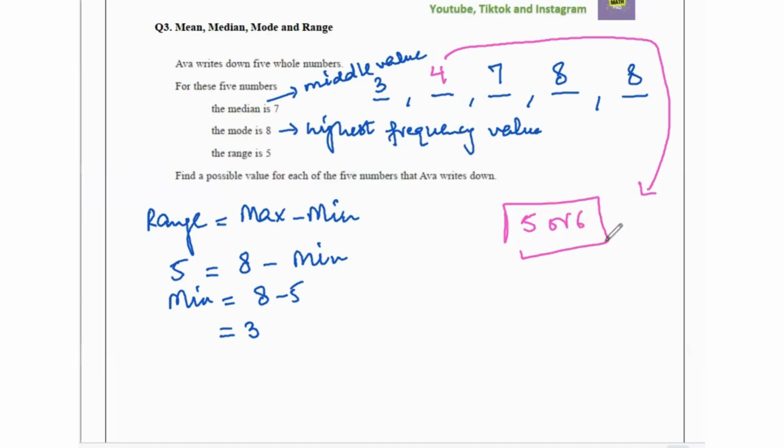Any of these 3 numbers would work over here because it says find a possible value for each of the 5 numbers that Ava writes down. So someone might have written 5, someone would have written 6, someone would have written 4. Either of it would be correct as long as your 3, 7, 8, 8 match based on the given information.